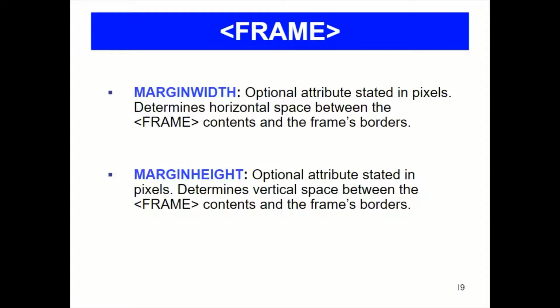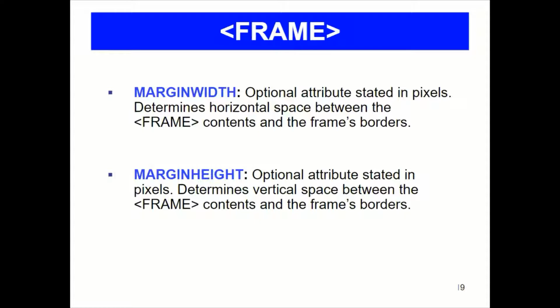It determines the horizontal space between the frame contents and the frame borders that we have created in the frame set. If we have applied borders, then we can give margin between the frame content and the frame borders.